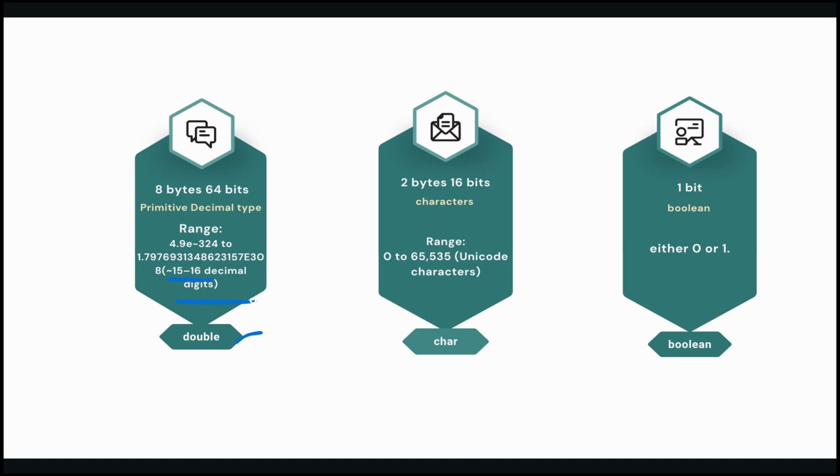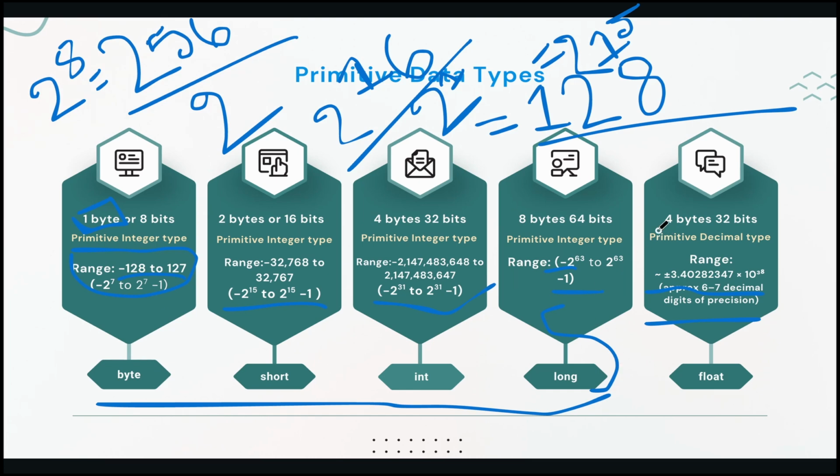Then you have to use double, because it is giving more precision, but it is also taking much more data, 8 bytes, whereas float is taking 4 bytes. So you have to do everything in programming according to your need.